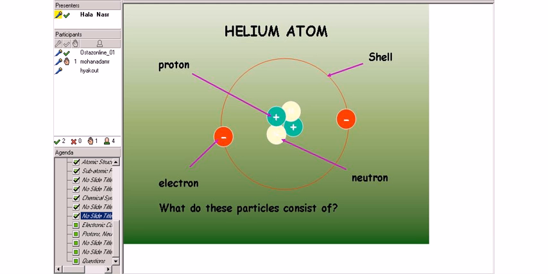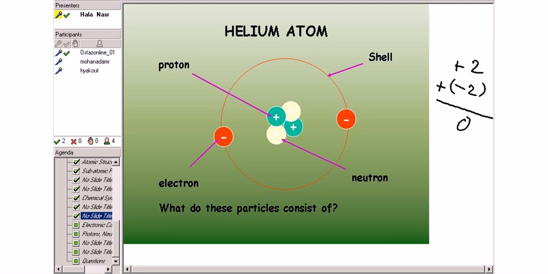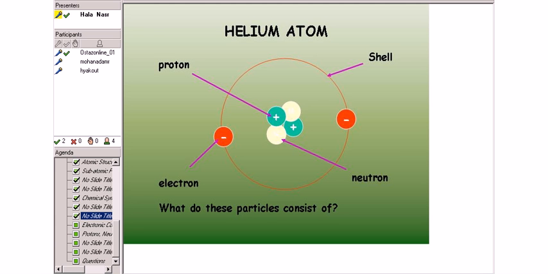Let's do it this way. I have in here 2 positive protons plus 2 negative electrons. So the total charge of an atom is 0. So the atom is neutral in charge. To this point, do you have any difficulties?